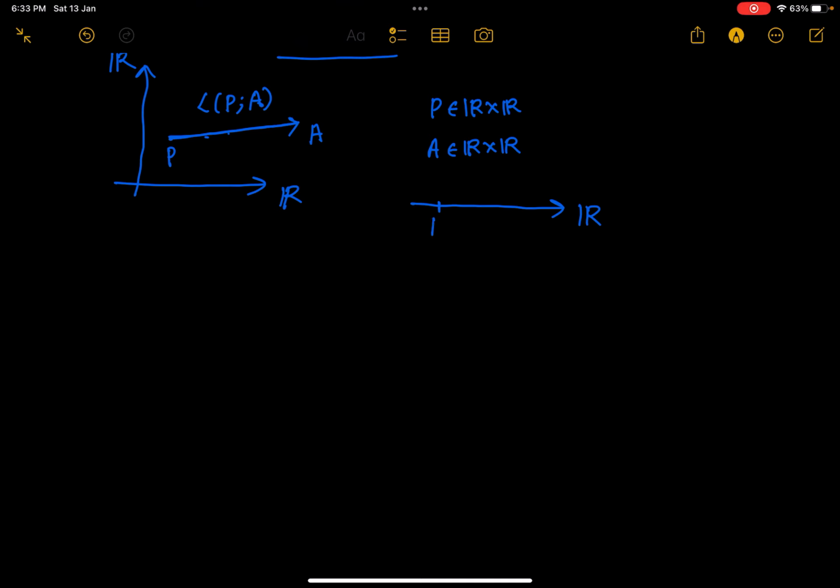Again you fix some point P, take this direction A, and the notation will be the same. So in one dimension you will get exactly the real line.